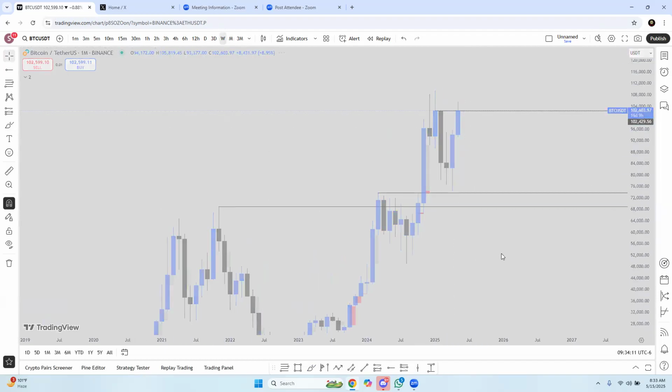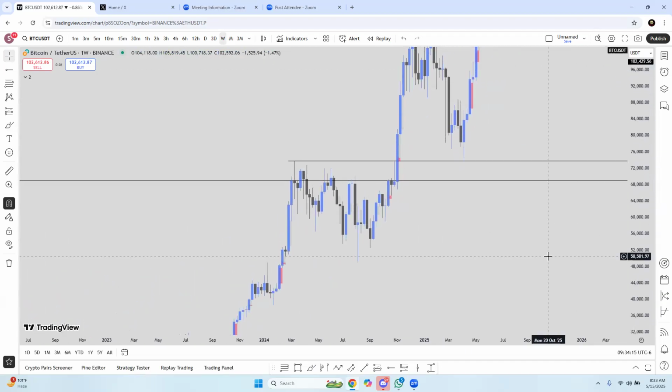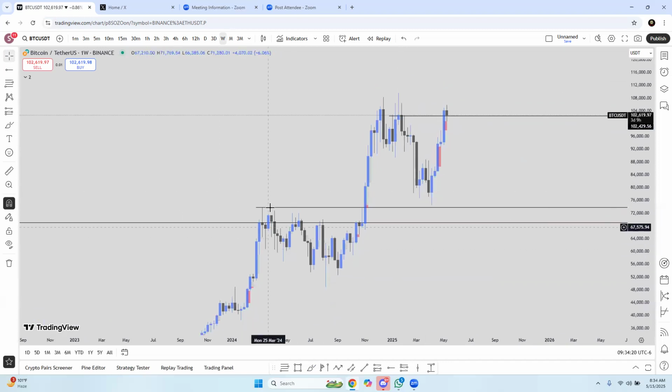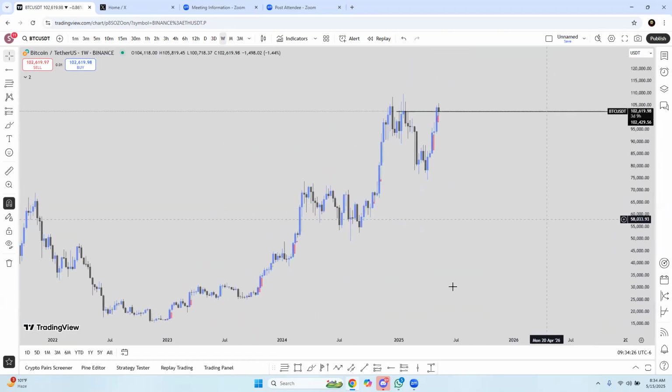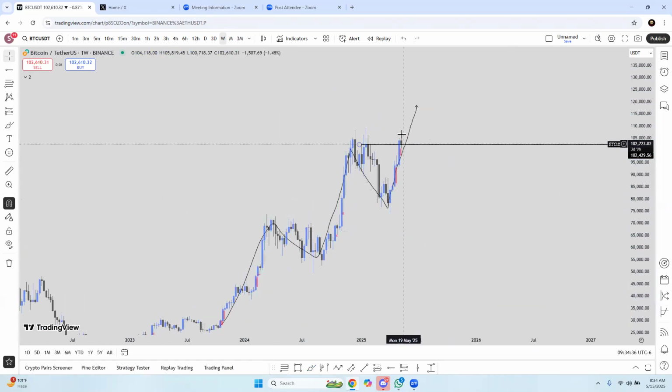So weekly. Now on the weekly, if you look at the market structure, you will understand what is going on with the market. I will remove this one and this one as well. Structure-wise, the market created a higher high, higher low, higher high, again a higher low. Now it is going towards a higher high, so it is making some bullish move. The higher highs are a double top.